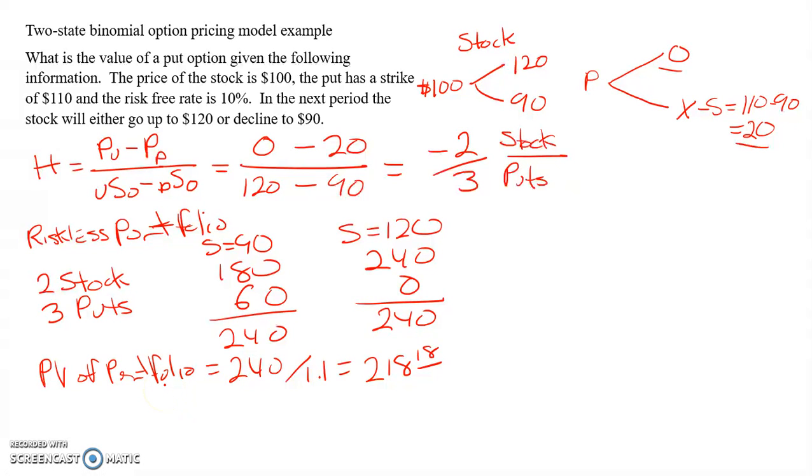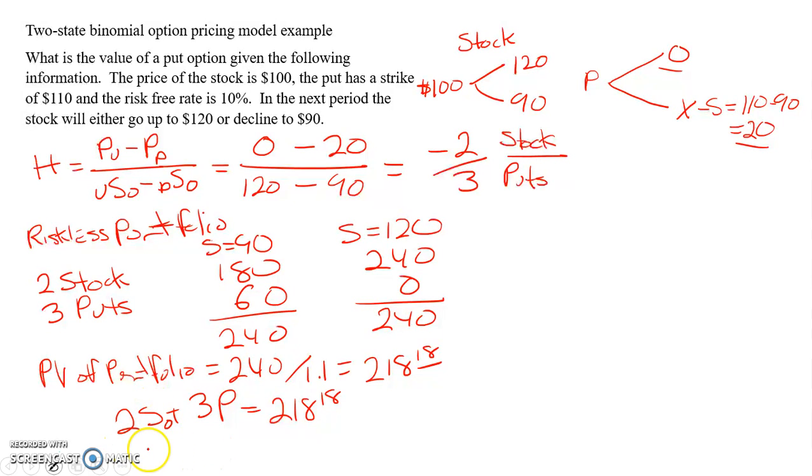Okay, so now our portfolio, our 2 stocks times S0 plus our 3 puts, has to be equal to $218.18.